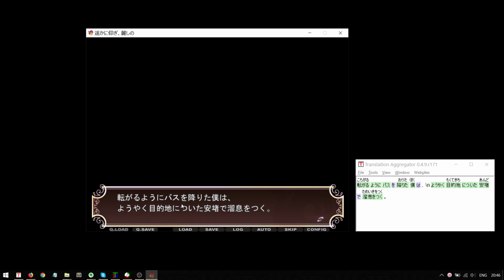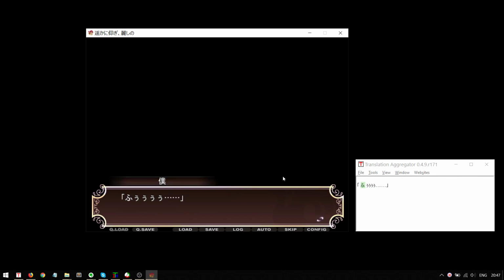転がるようにバスを降りた僕は、ようやく目的地に着いた安堵でため息をつく。ふう。目の前に今からの職場が、今日からの職場が、今日から means from today on.